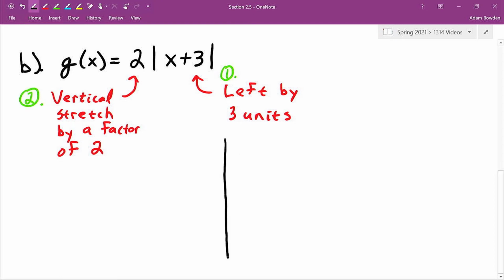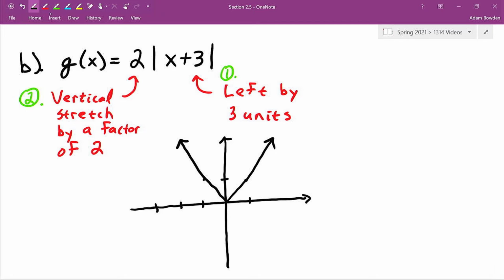So what we'll do is double check what the absolute value function looks like normally. It passes through points like so, without any transformations involved. So we're going to shift everything over first off by 3 units, over to the left, like so.